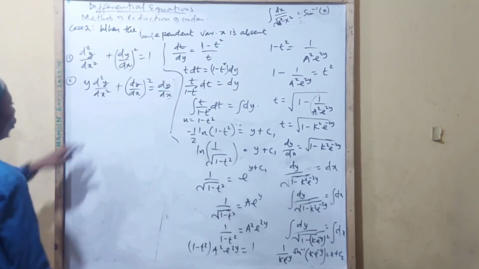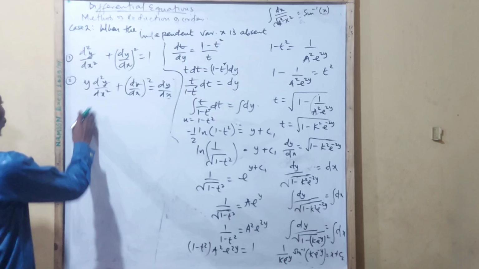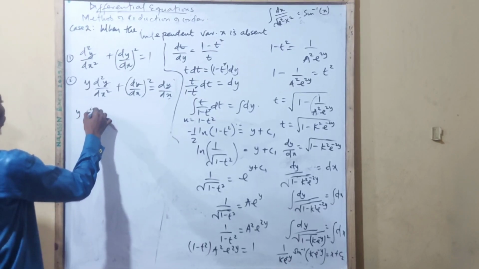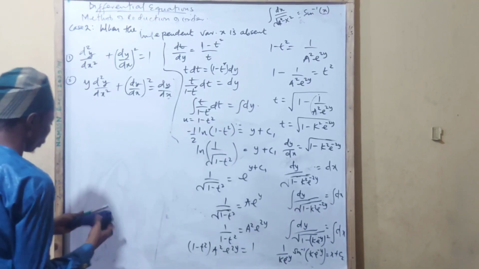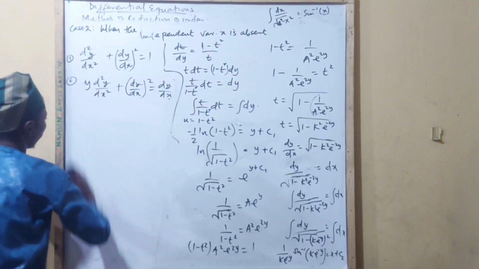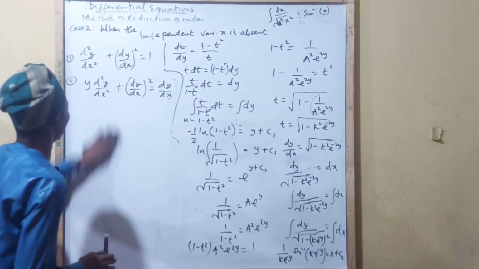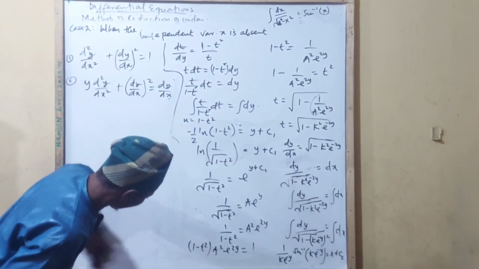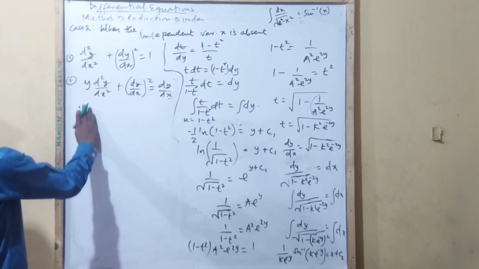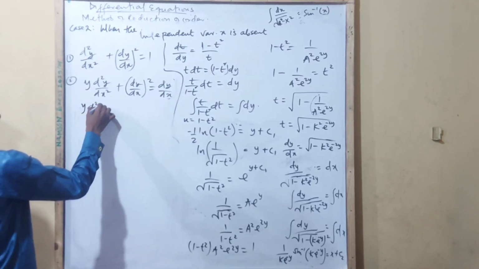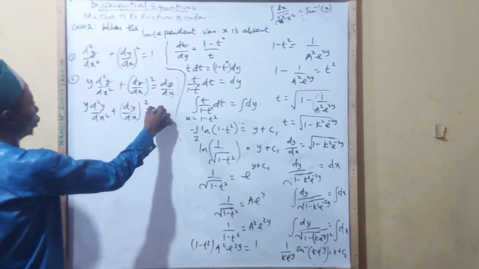Now example 2. This is example 2. So we are told to solve y d square y over dx squared plus (dy dx) all squared equals dy dx again.